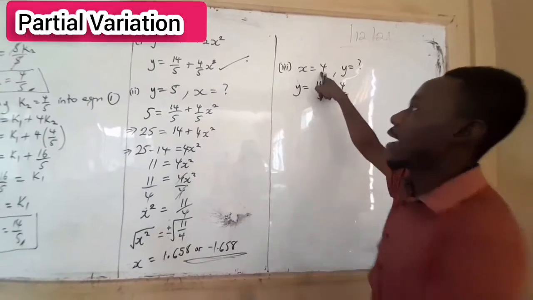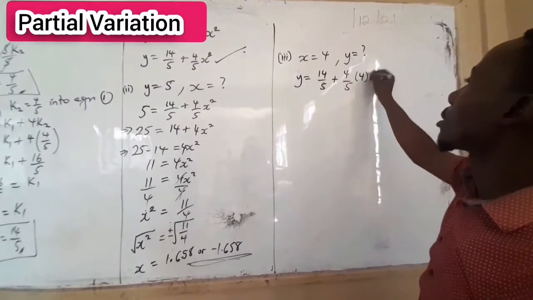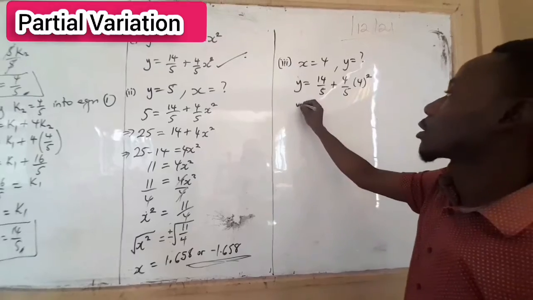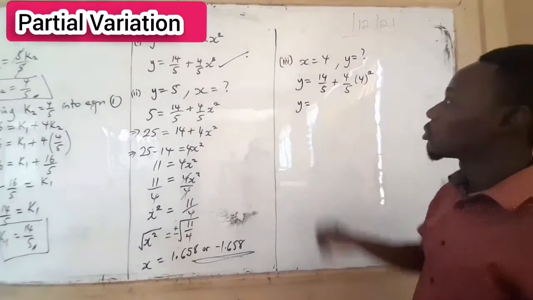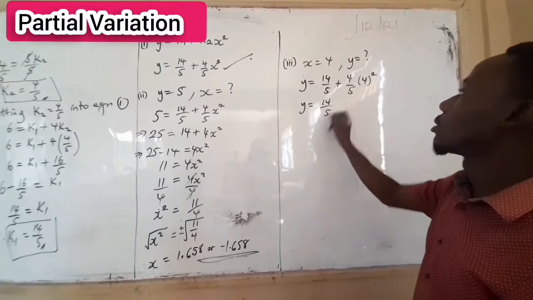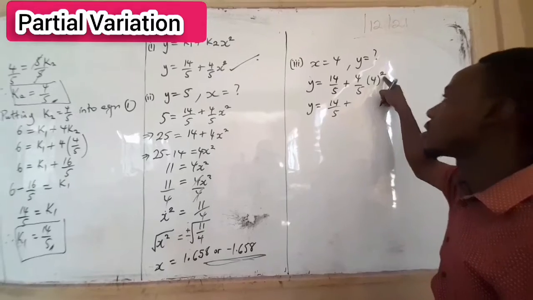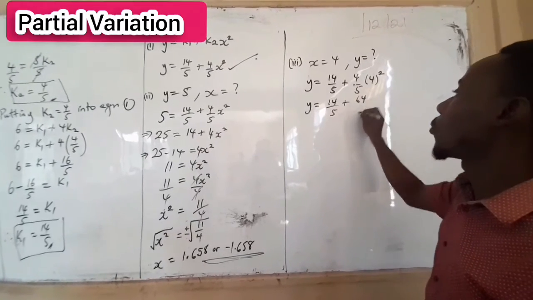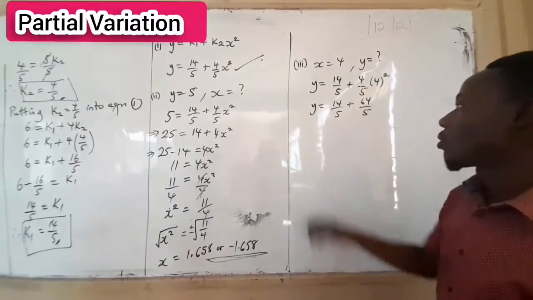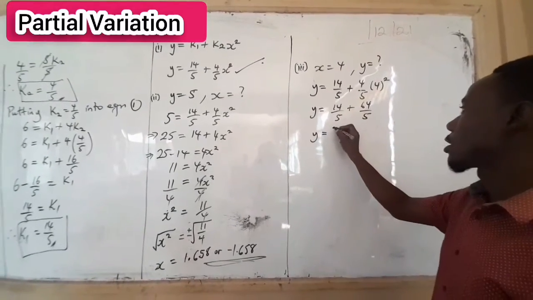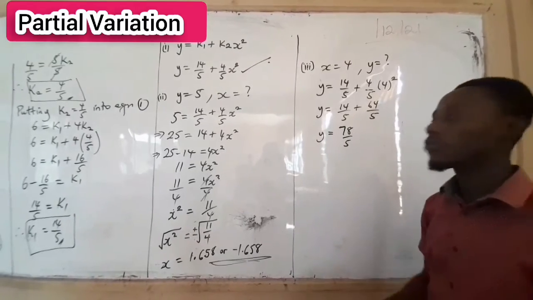This time around our x is what? 4. So we have 4 squared. This is 14 of 5, then 4 squared will give us 16. 16 times 4 is 64, out of 5. When we solve this, it gives us 78 out of 5.